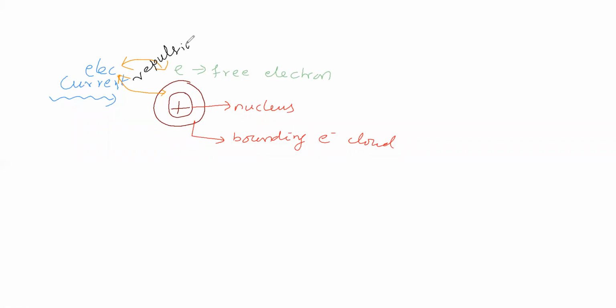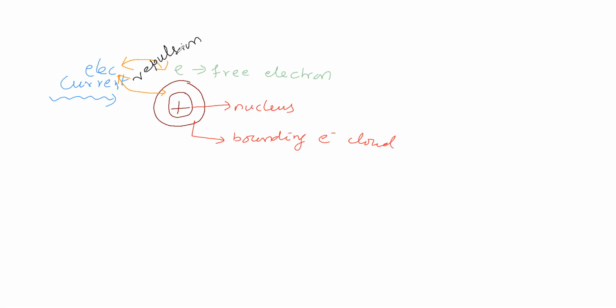What do you think? Between current electron and free electron, and current electron and bounding electron, repulsion will be there or repulsion will not be there?